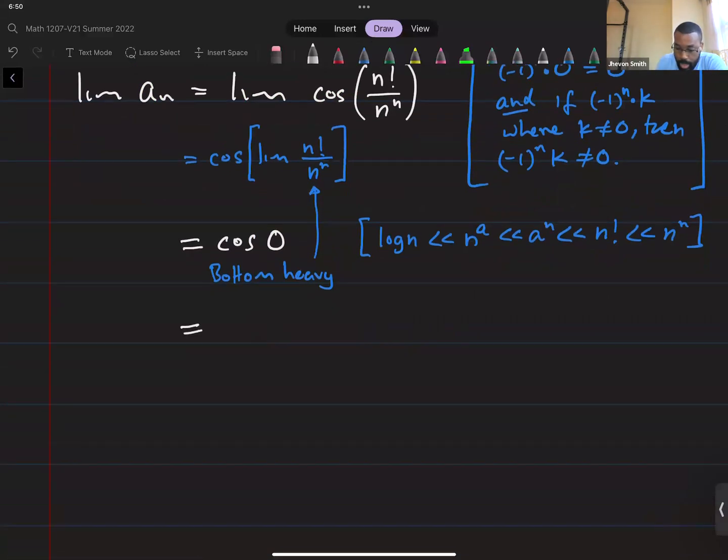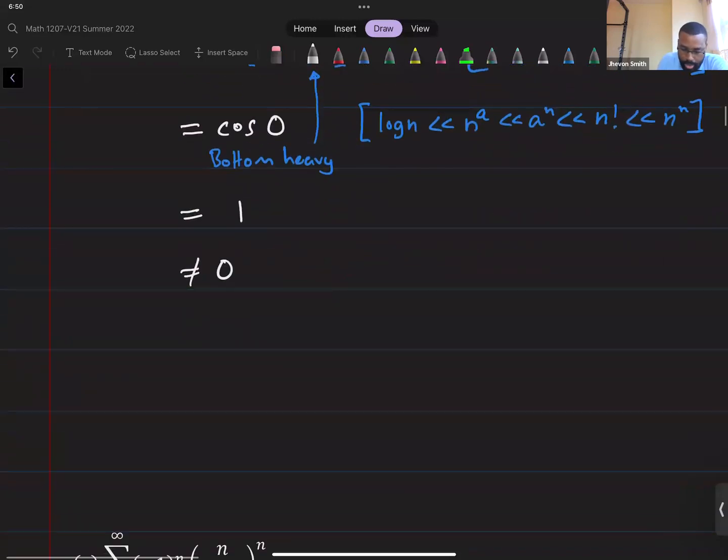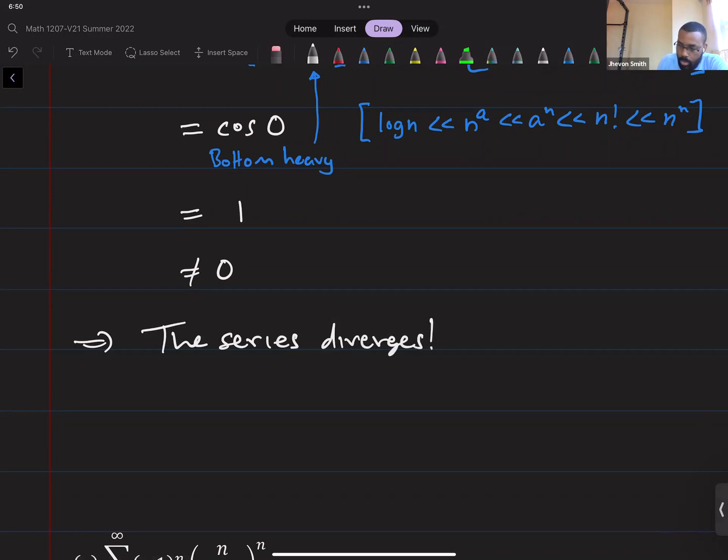Cosine of 0, by the way, is 1. And guess what? 1 is not 0. So what does that mean? The series diverges and we're done, by the test for divergence.